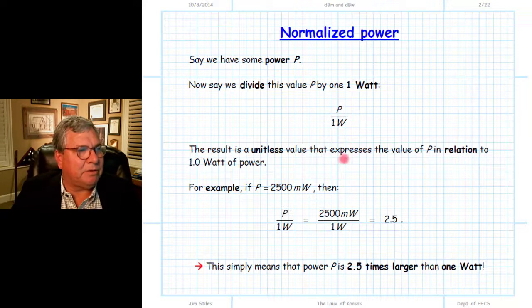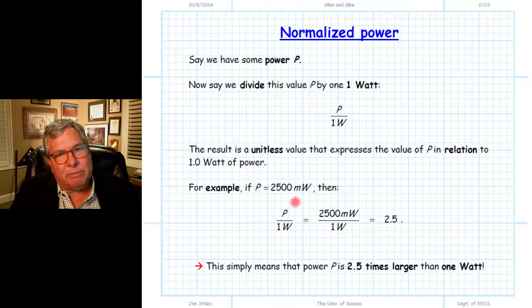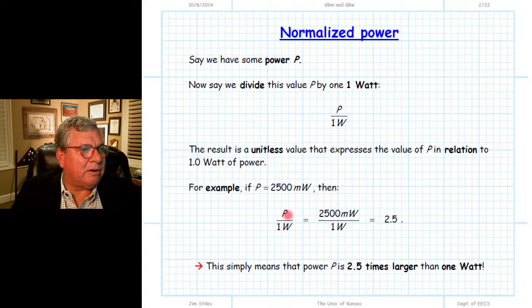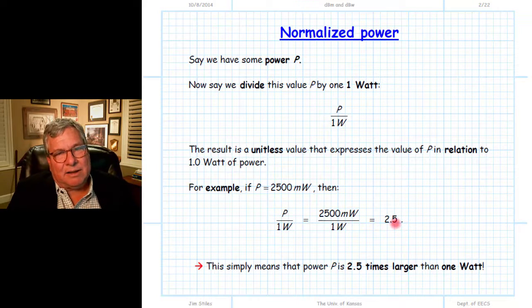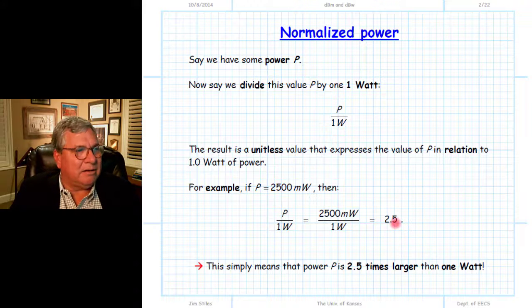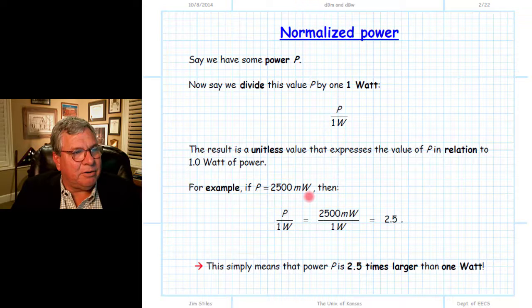And so, for example, if our power were 2,500 milliwatts, we take that power and divide by 1 watt, which of course is 1,000 milliwatts, and we get a value of 2.5. Of course, it's not 2.5 watts. The watts units have canceled out here. This is a coefficient. And this is kind of a roundabout way of now stating the value of 2,500 milliwatts.